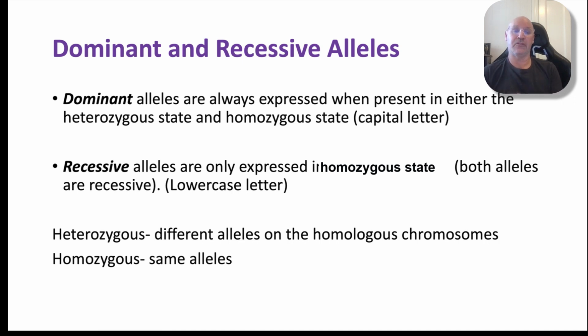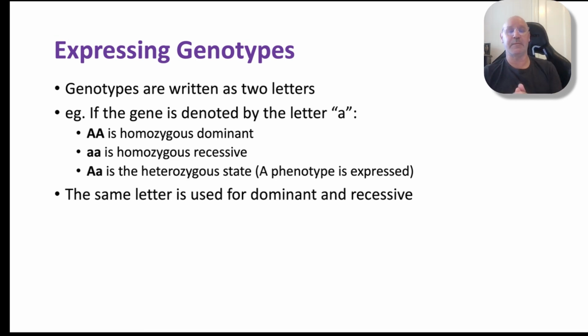We express the recessive alleles with a lowercase letter. So the genotype is written as 2 letters. So this is homozygous dominant, capital A, for a particular gene or trait that we have assigned the letter A. We use the same letter for both the dominant and the recessive: the capital for the dominant and the lowercase for the recessive.